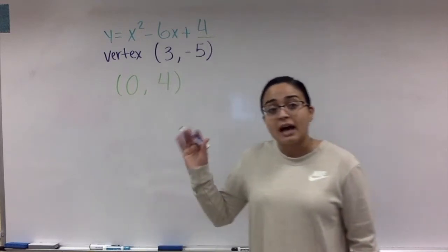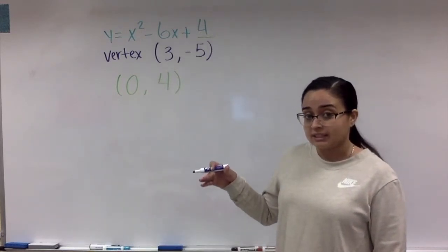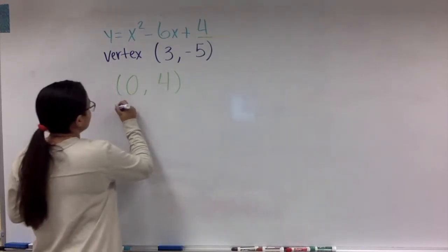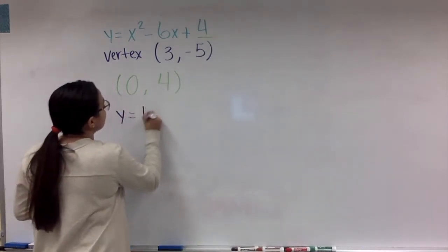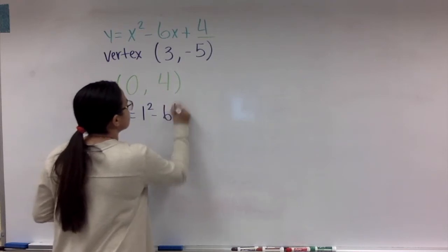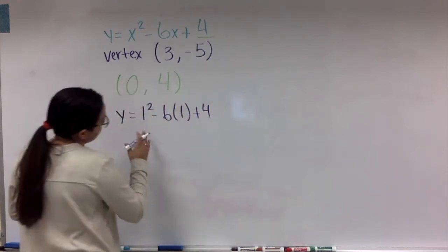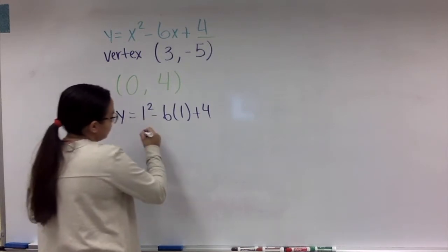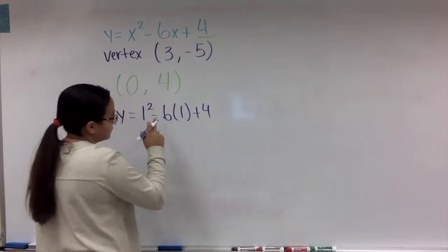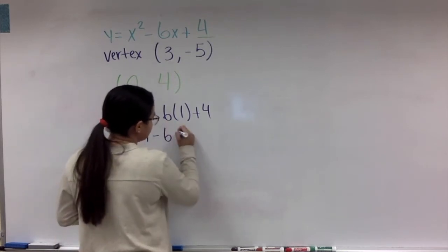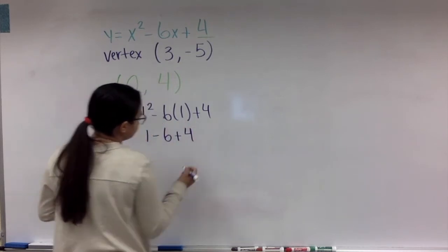So we're going to have x equal 1 this time. Let's go ahead and plug it in. It would be y equals 1 squared minus 6 times 1 plus 4. 1 squared is 1, minus 6 times 1 is negative 6, plus 4.